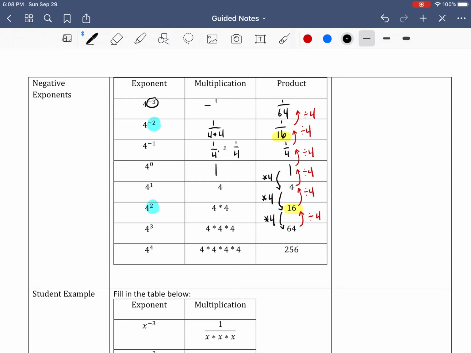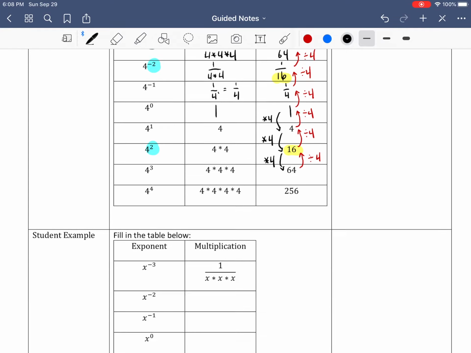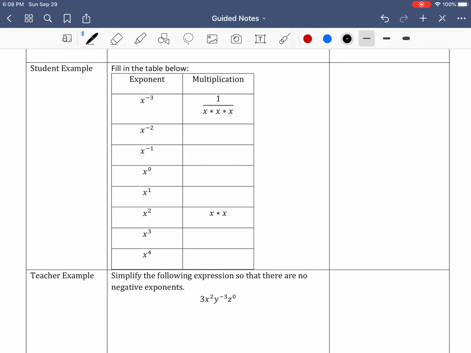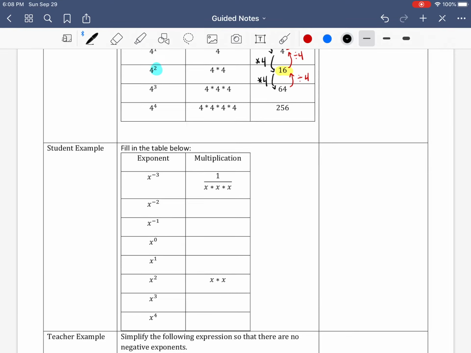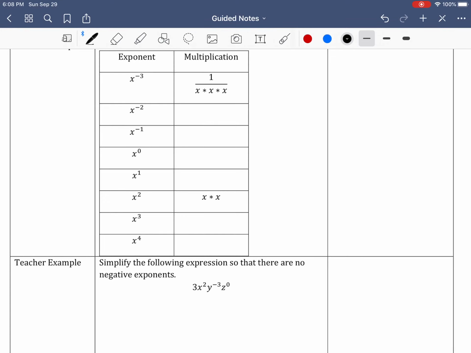And then your multiplication would be 1 divided by 4 times 4 times 4. So take a second and fill out your example below. Instead of a base being 4, your base will be x.